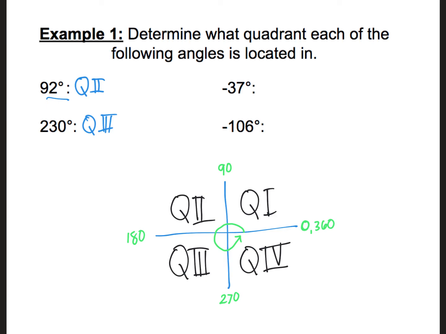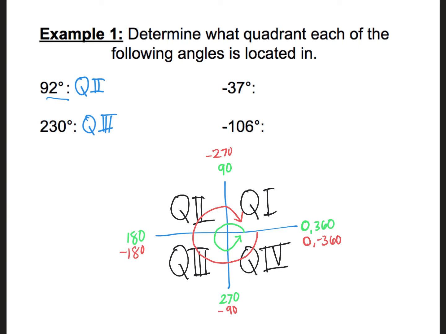Now my next 2 angle measures are negative. Remember, that just means I'm going to go the opposite way around the circle. If I'm going the opposite way, we have 0, and then down at the bottom, we have negative 90, then negative 180, then negative 270, and then we're back to negative 360.